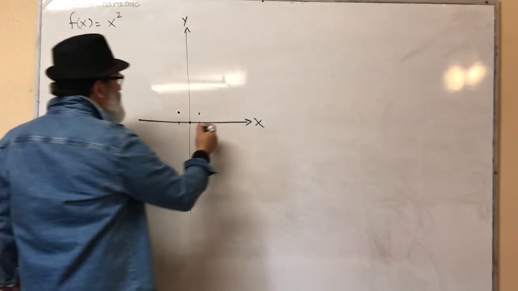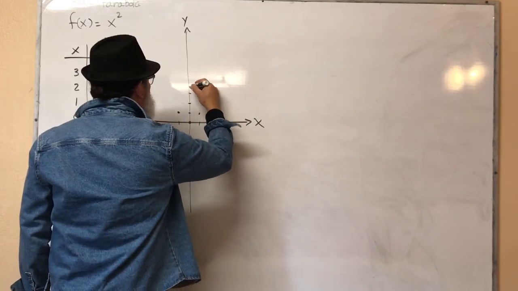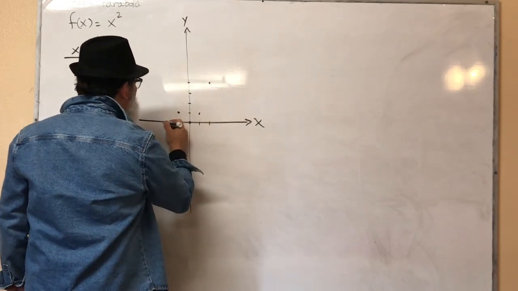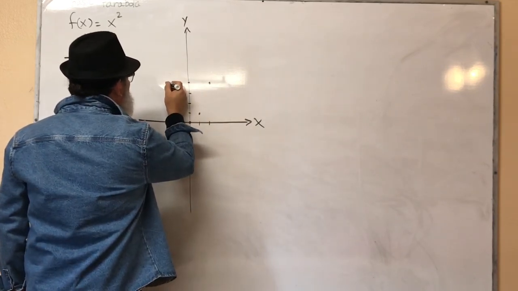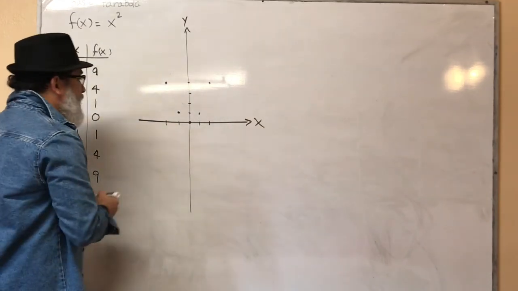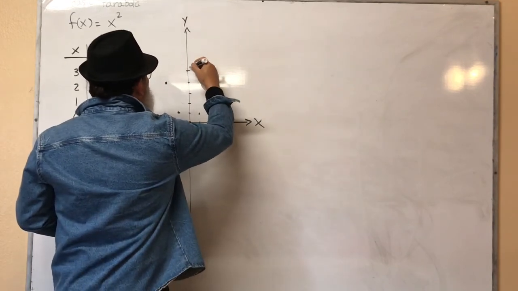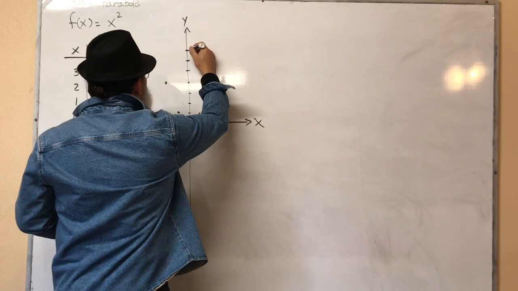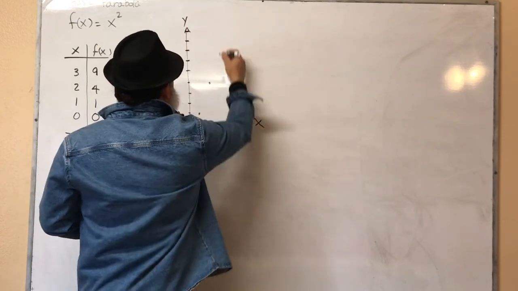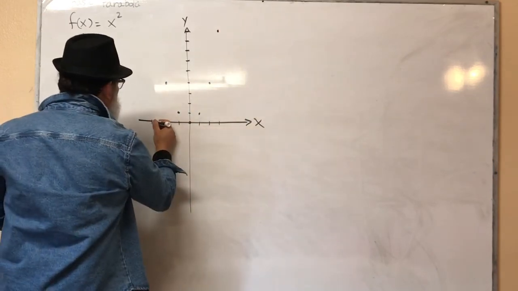X is 2, we get 4. And x is -2, we get 4. Okay. X is 3, we get 9. And x is -3, we get 9.